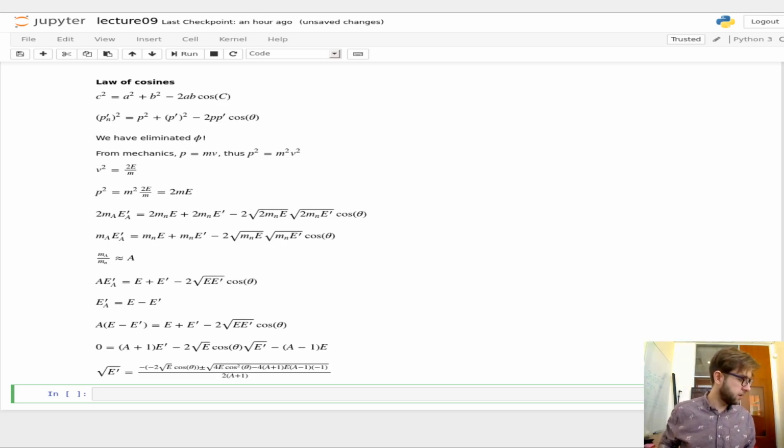So if you go ahead and work through this algebraically, and then square the whole thing, which I won't put you through right now, you can get this down into the simplest form, which would be E prime equals, so the exiting energy of the neutron is equal to E, the incident energy of the neutron, divided by the atomic mass plus 1 squared, times, oh, no, sorry, this isn't the square root yet.